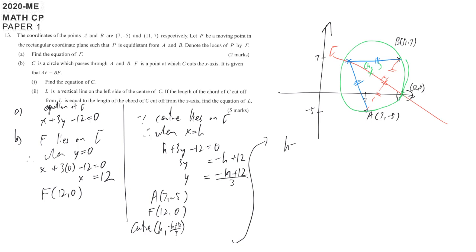So (h minus 7) squared plus the other term should equal the same for F with the center. Even though this fraction is troublesome, we may just expand it by identity.